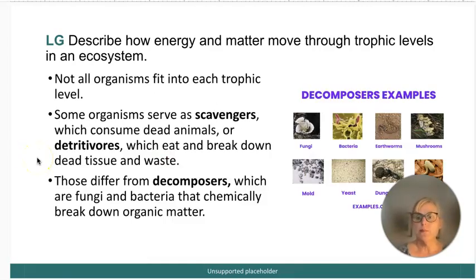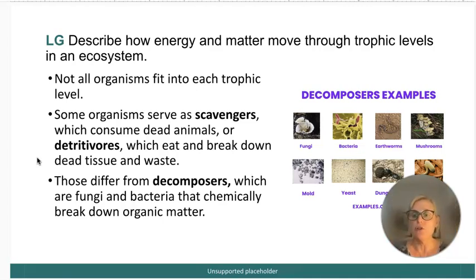There are some things that don't quite fit into our trophic levels either: our decomposers, our scavengers, our detritivores. A scavenger is something like a vulture or even a coyote. Coyotes can function as scavengers, so they'll eat dead things like roadkill, and they'll also hunt as well.